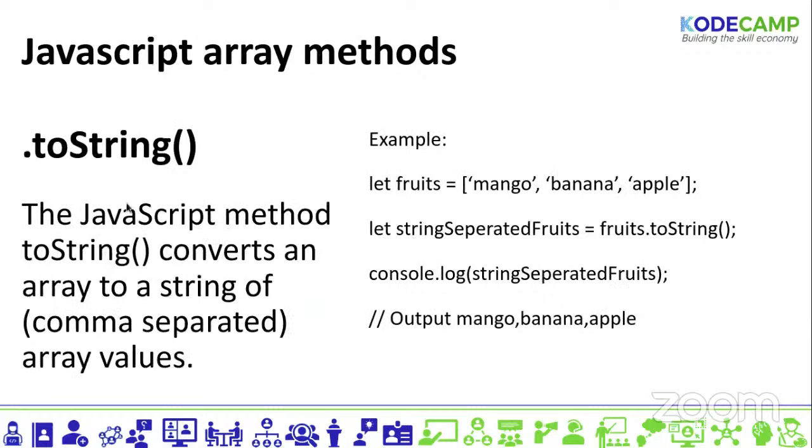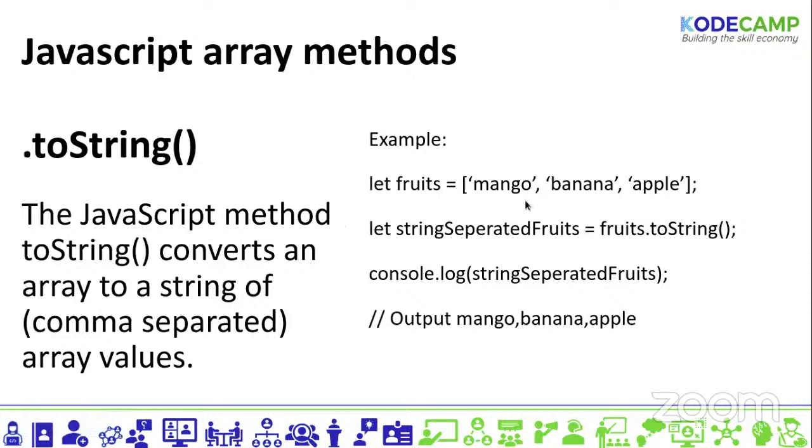Then we have toString. The toString method converts an array to a string of comma separated array values. So now you notice that toString can be used on integers. It can also be used on arrays.